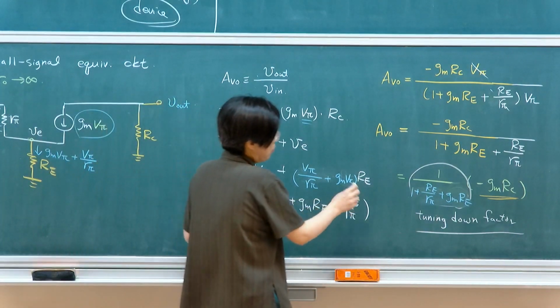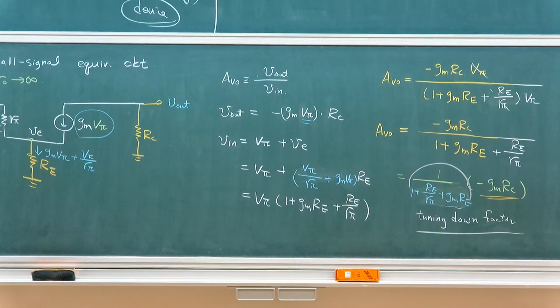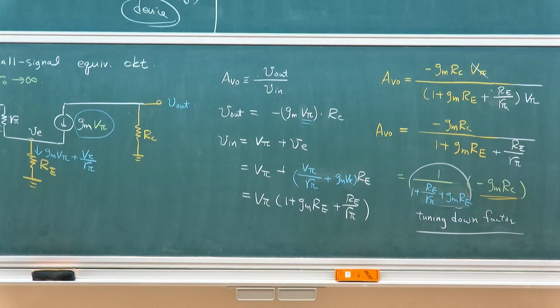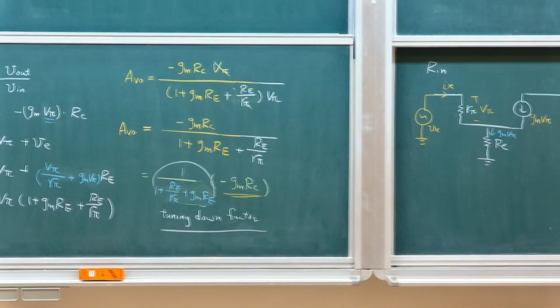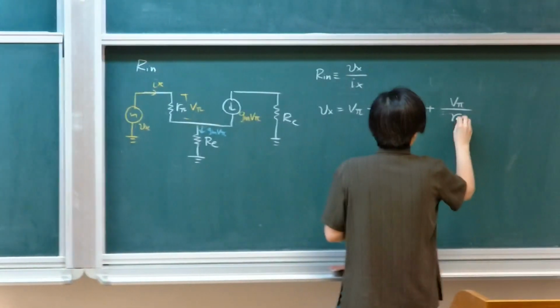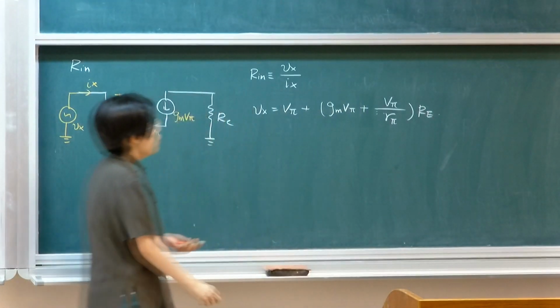Sometimes you can, let me talk about that later, because we're going to do a lot of approximation later. Anyway, if you go back and look at this, there will be two branches of current. That will be gm V pi plus V pi over R pi, times RE. Okay?